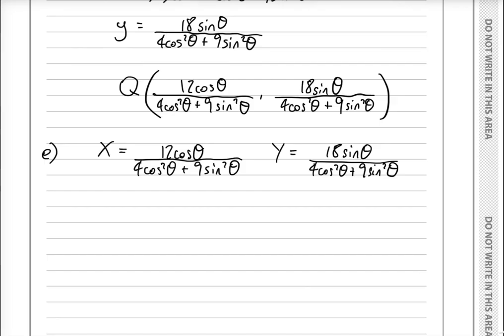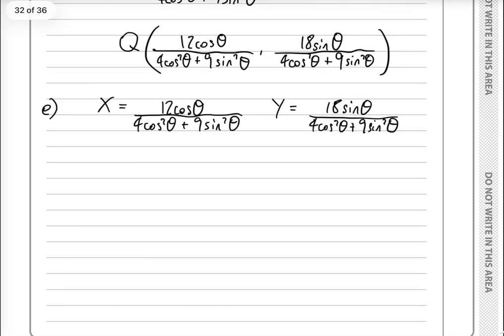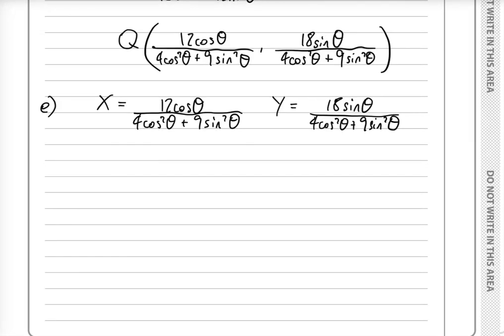In this case, it's not at all obvious what you should do, unless you've seen something similar before. But what I'm going to do is take the x-coordinate and divide top and bottom by cos squared. So you have 12 cos theta divided by cos squared theta, and then here, 4 cos squared theta over cos squared theta plus 9 sine squared theta over cos squared theta.